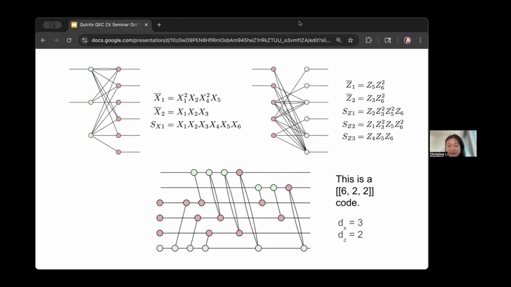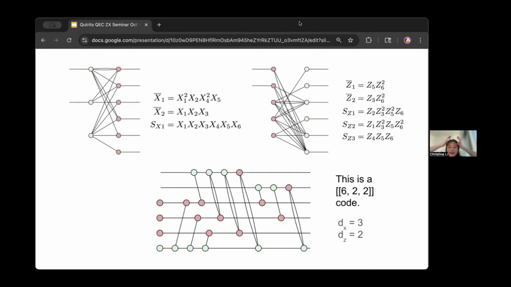We checked the overall code distance is 2, so it is a 622 code. In particular, adding that full weight X-type stabilizer increases the Z distance.